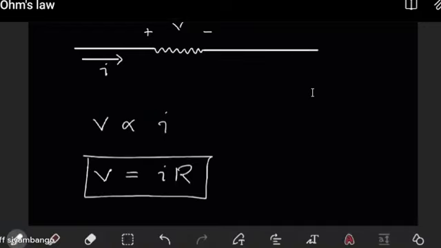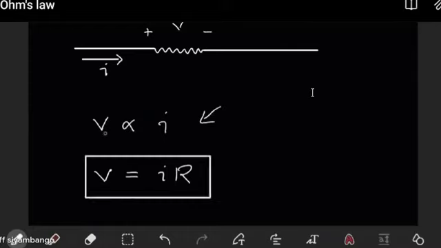So when defining Ohm's law, we just talk about the voltage across a resistor being proportional to the current passing through that resistor. And the resistance only shows up when the proportionality changes to an equal sign. So this is what Ohm's law states.